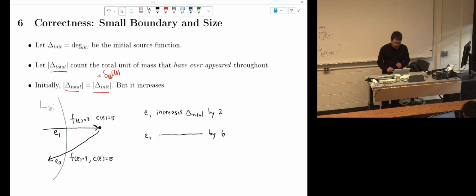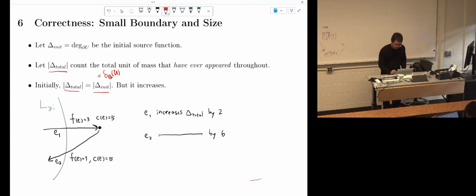So the idea is that when you kill someone, you basically increase some total source along the battery here. And when we run another algorithm and kill something, we increase the total source here again.